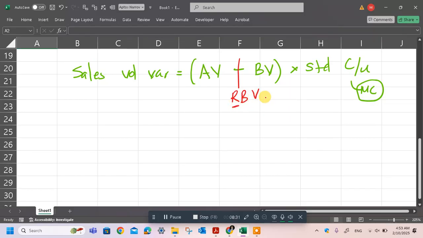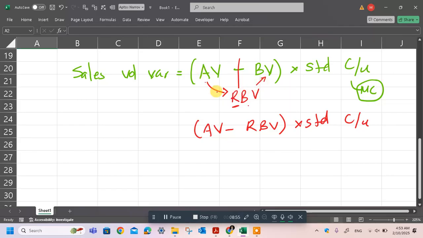Now, there are 3 items inside the bracket: AV, RBV, BV. Take 2 by 2. Take these 2 together: AV, RBV. This is in the bracket. Outside the bracket, no change. Standard contribution per unit.